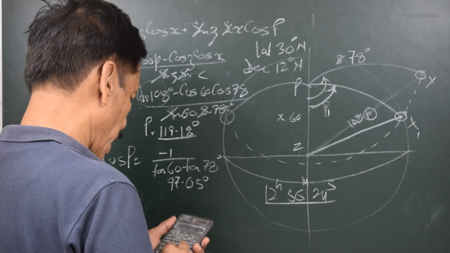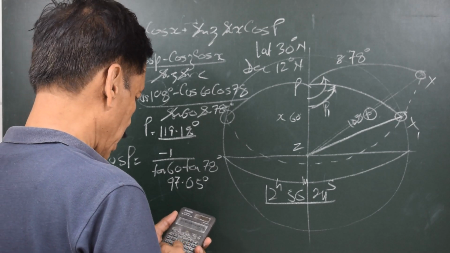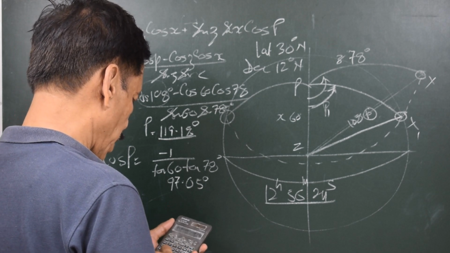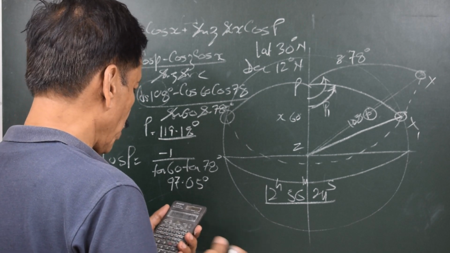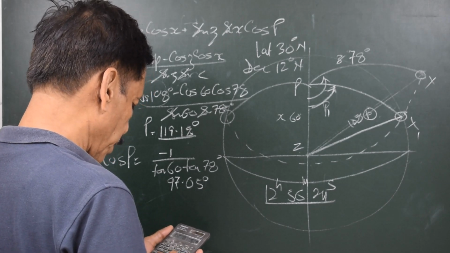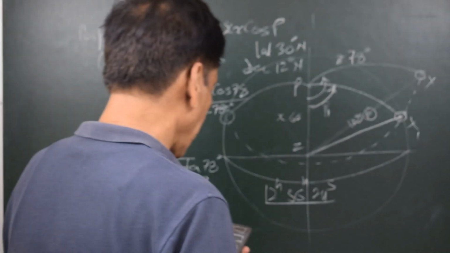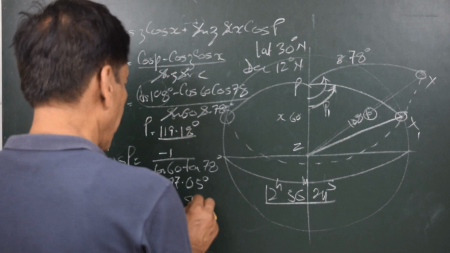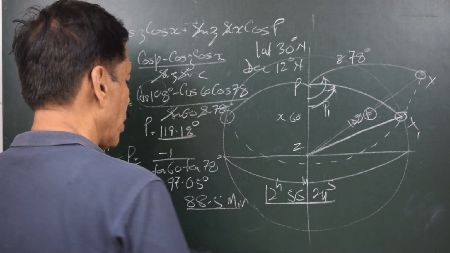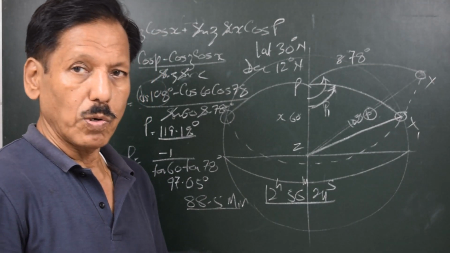So 119.18 minus 97.05, divided by 15, gives so many hours as the duration of twilight. Right? If I multiply this by 60, in terms of minutes it is 88.5 minutes. So 88.5 minutes is the duration of twilight, that is 1 hour 28.5 minutes.